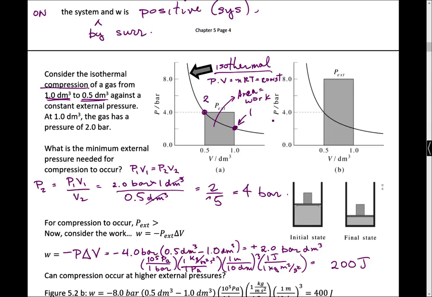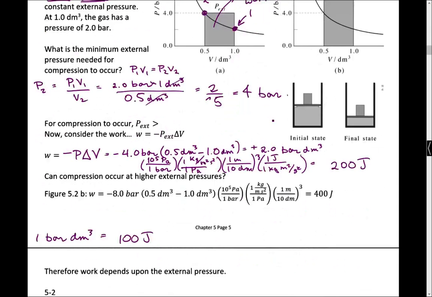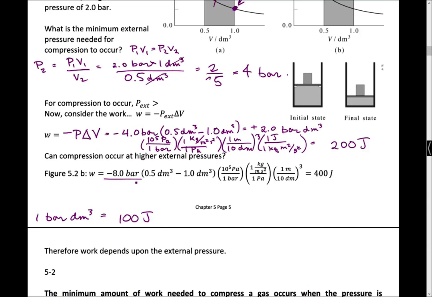Is the work going to be the same? Well, let's choose to say that we're going to use an external pressure of 8 bar. I have the same change in the volume, and we clearly see that we're going to end up with an additional amount of work. But from the system point of view, it looks exactly the same.